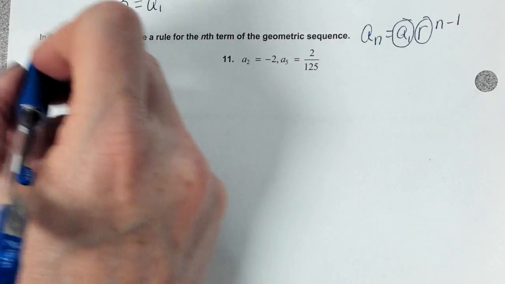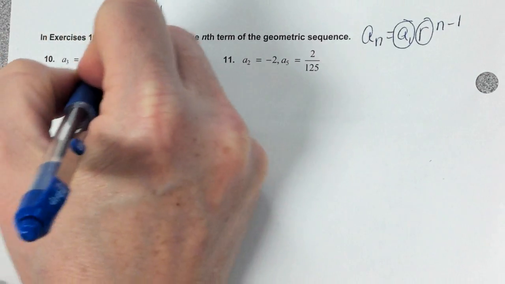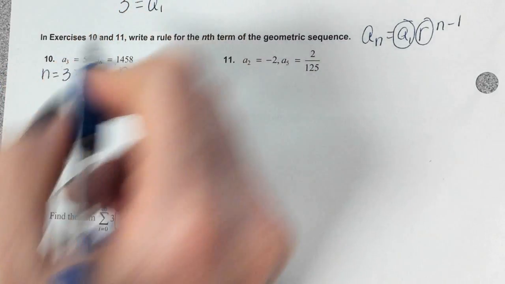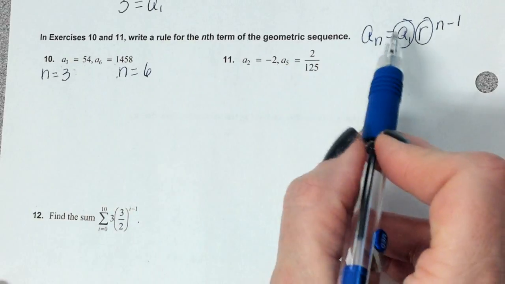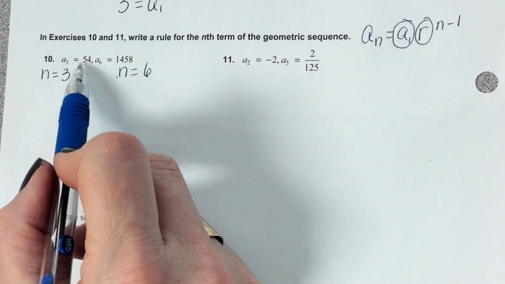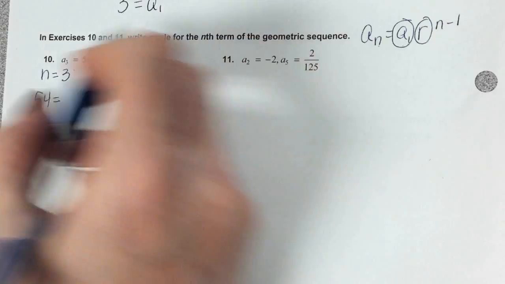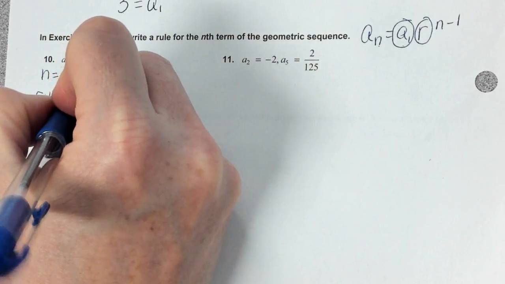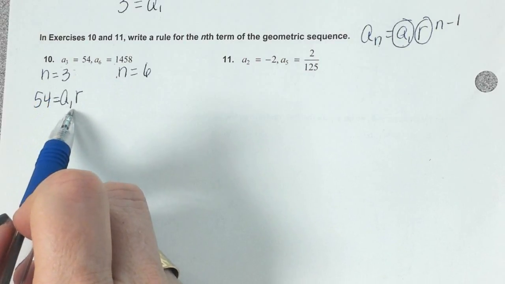So what I'm going to have to do is think about the fact that they're telling me that when n equals 3, I know something about that. And when n equals 6, we know something about it. So when n is 3, what is a sub 3? 54, so I can say 54 is going to have to be equal to a sub 1, I don't know, r, I don't know, to the n minus 1, and n in this case is 3.